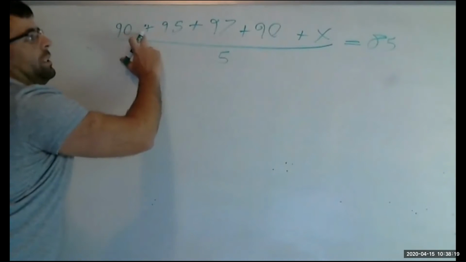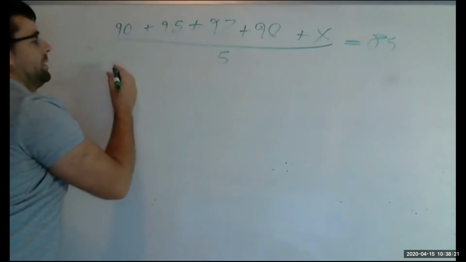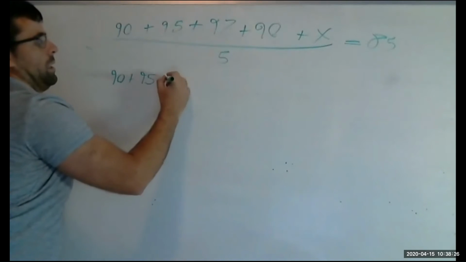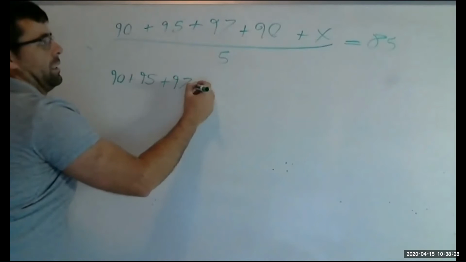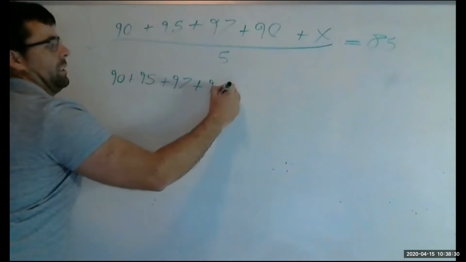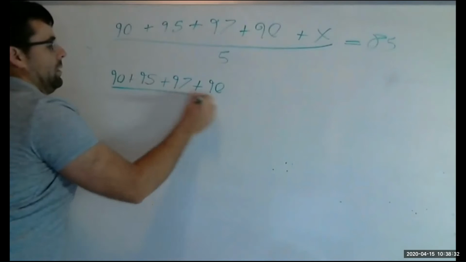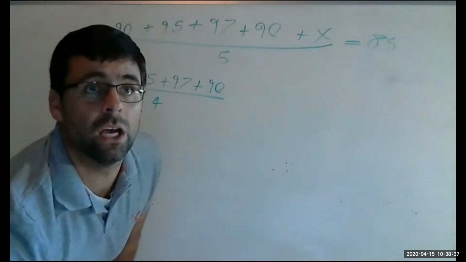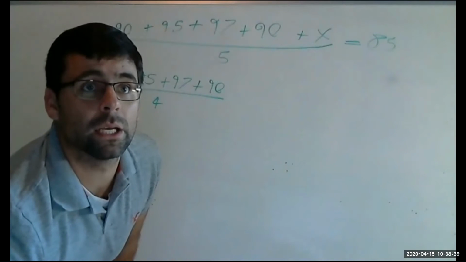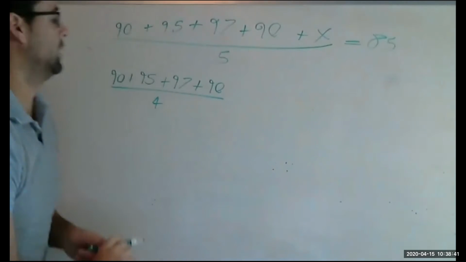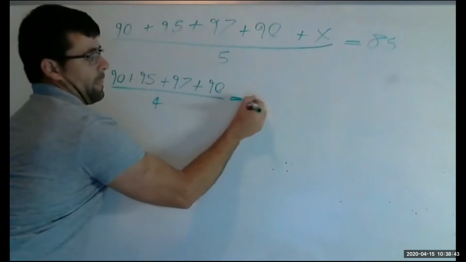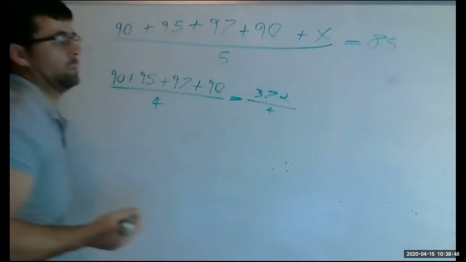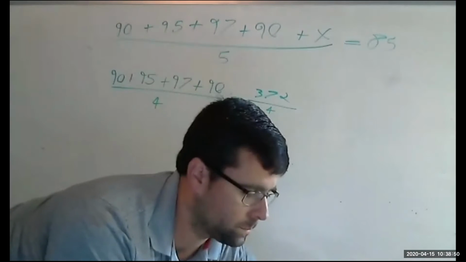So what is the average of these tests? Well, it's 90 plus 95 plus 97 plus 90 over 4, which is what? 372 over 4.